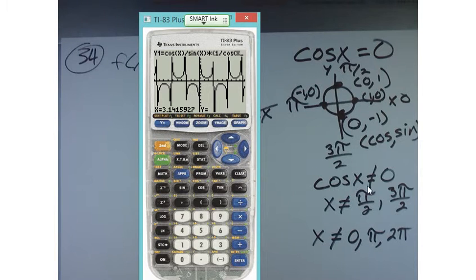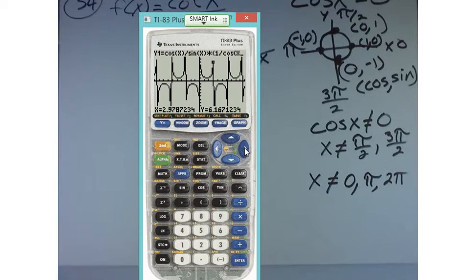But now these are not vertical asymptotes, these are just holes. So we have two things going on. We have a removable discontinuity, and then we have actual vertical asymptotes. So where's that at? Yeah, it's right here. There's a hole in the graph, but the vertical asymptote actually occurs at pi, any integer of pi.